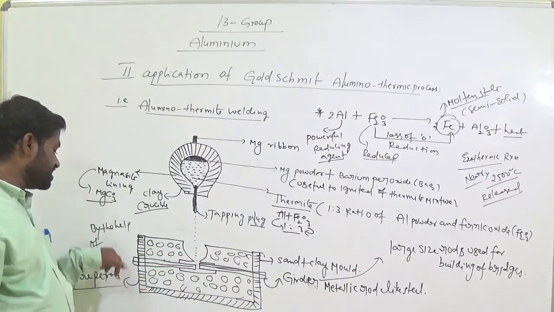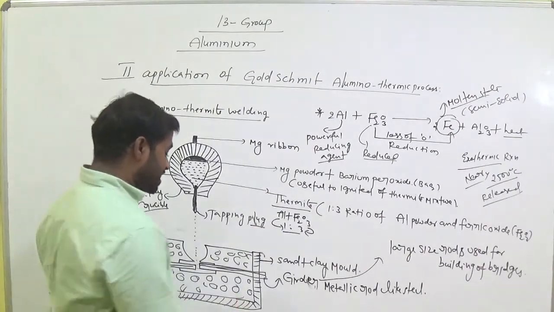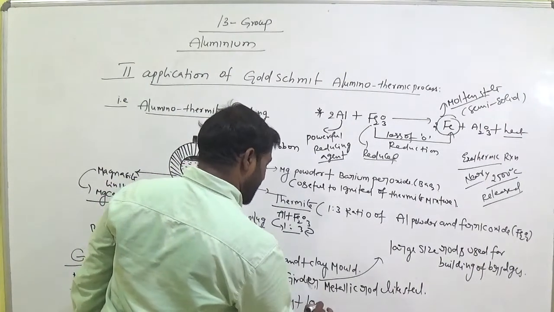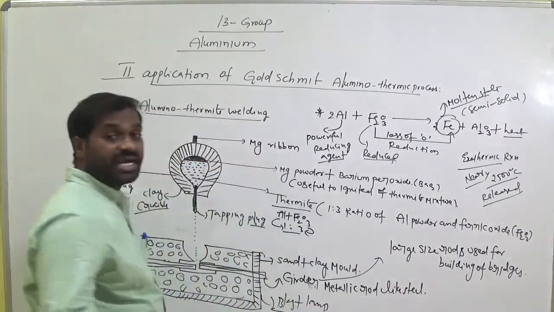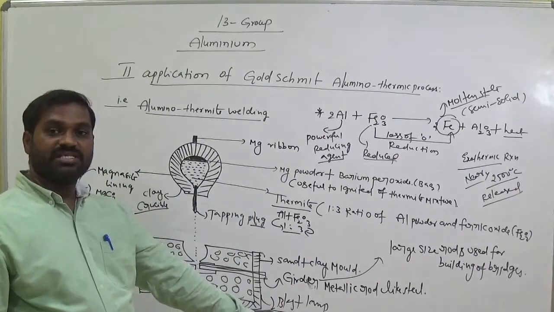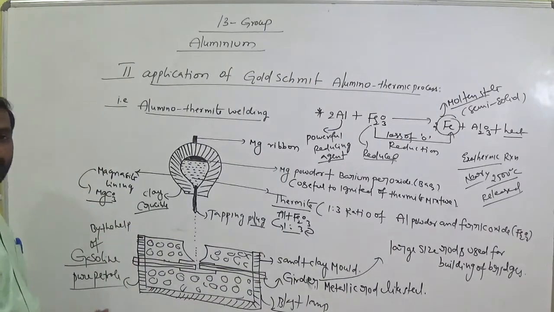Gasoline, pure petrol, in the blast lamp produces high temperature.